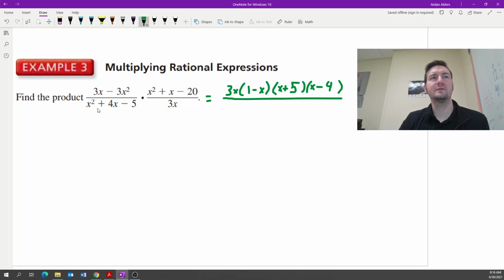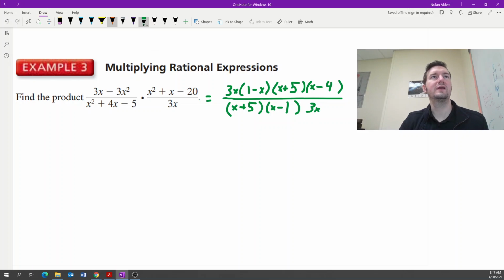Okay, let's factor the bottom now. Same thing with this one. We'll have x and an x. This is a minus, so we'll have opposite signs. And the only thing we can factor 5 in is 5 and 1. So let's do that, 5 times 1. And 5 plus negative 1 does give us that 4. And then we also have this 3x.